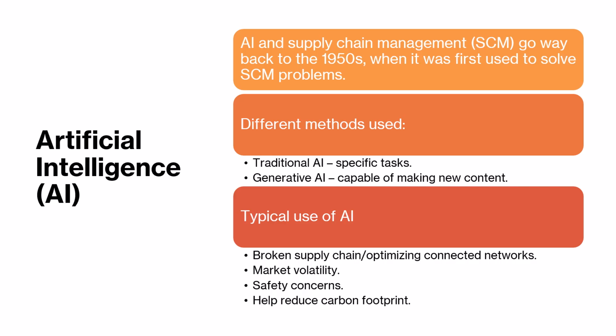The different methods for AI usage are typically traditional AI and generative AI. The traditional AI takes data and does one specific task. It's kind of what we're most used to, and a much simpler AI compared to something like generative AI. Generative AI takes the data or takes a language model, makes something completely new of it, and can even create something completely new from that.